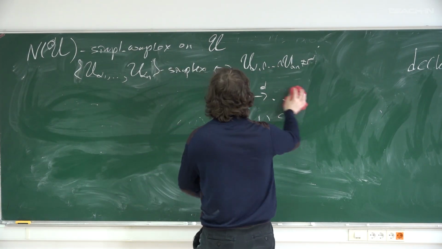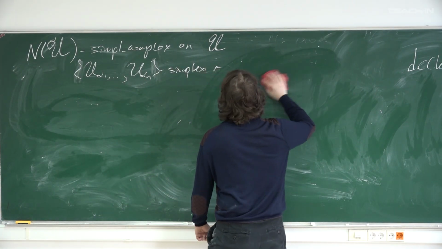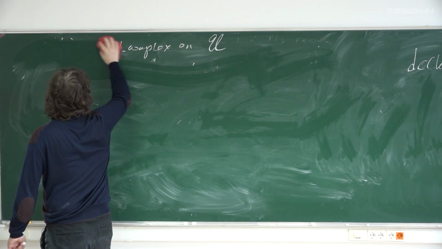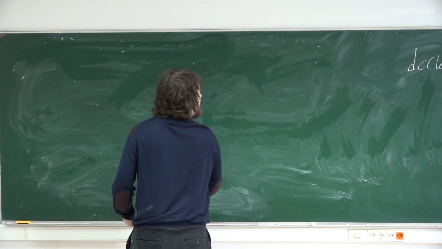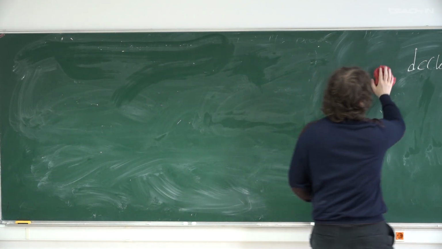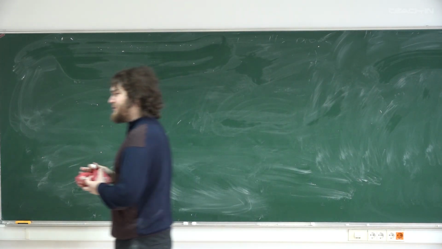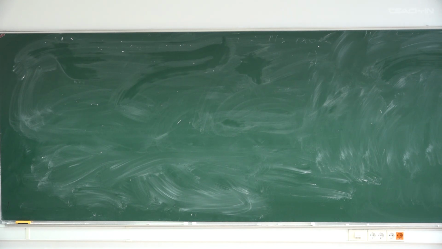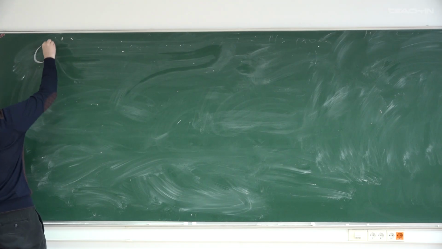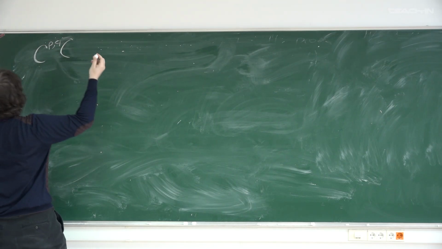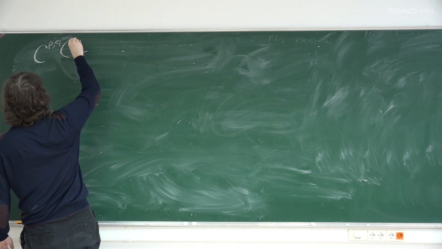Almost all these columns and rows are exact for small enough covers. Let me state it a little bit more accurately. Yes, I have such a bicomplex. It's called the Čech-de Rham bicomplex of this cover.